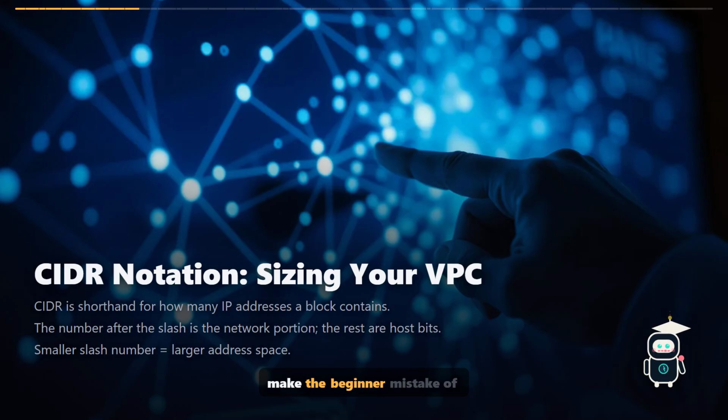But don't make the beginner mistake of thinking, bigger network is always better. Your address plan needs to support subnets, multiple availability zones, application tiers, VPC endpoints, growth, other VPCs, and possibly on-premises connectivity.